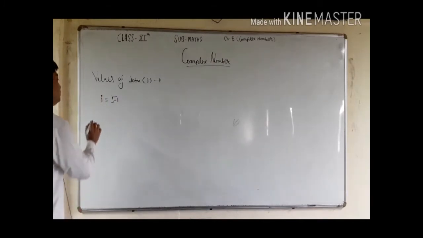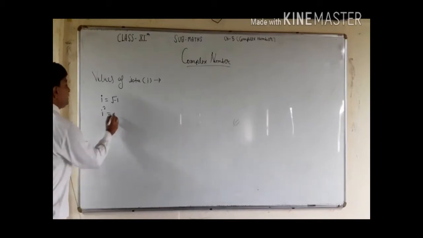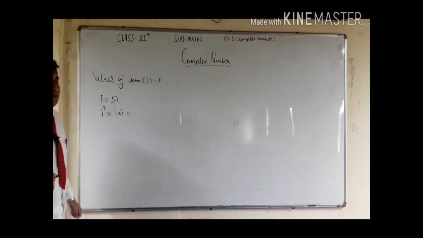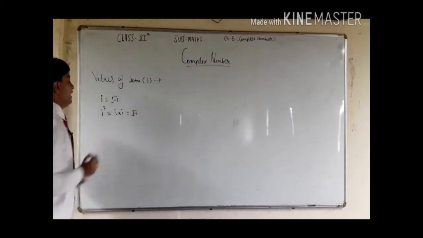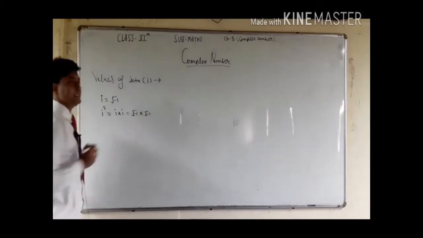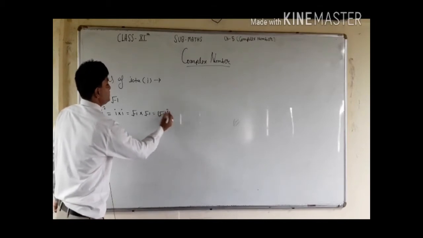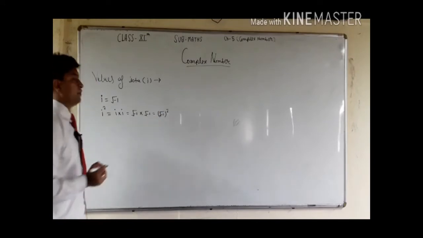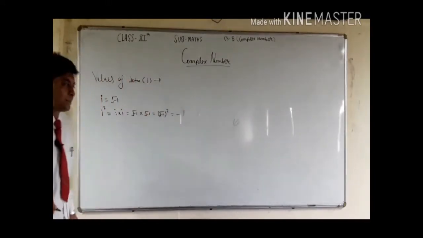Now, iota square is iota into iota. The value of iota is root minus 1 and the value of iota is root minus 1. So this is the square of root minus 1. The root is cancelled out by the square, so we find the value is minus 1.